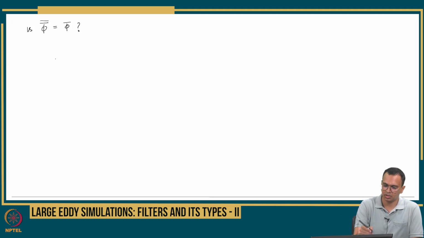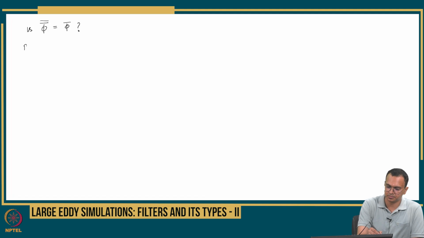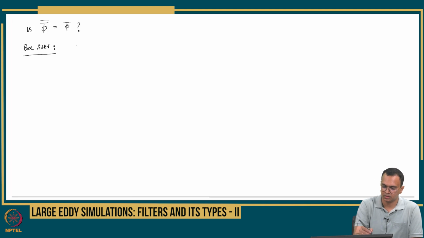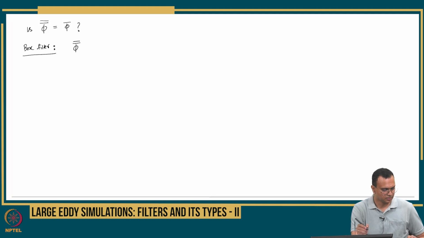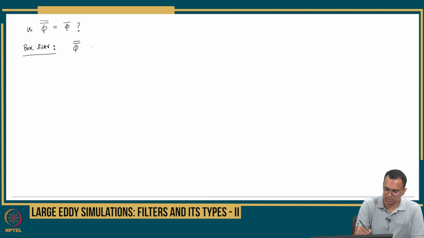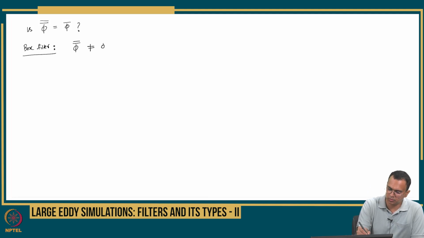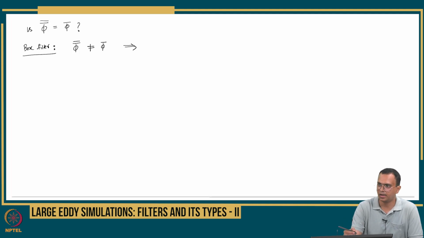So now if I take the box filter, phi double bar is not equal to phi bar. How do I say this? Now we have this generic filter definition, we can use this.